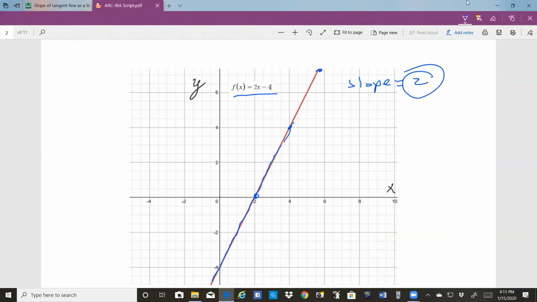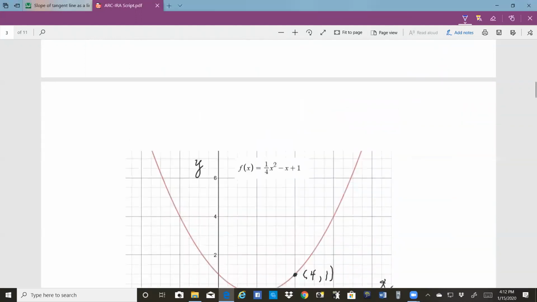So the average rate of change from, say, this point to this point, or from this point to this point, would be just the slope, the change in y divided by the change in x.